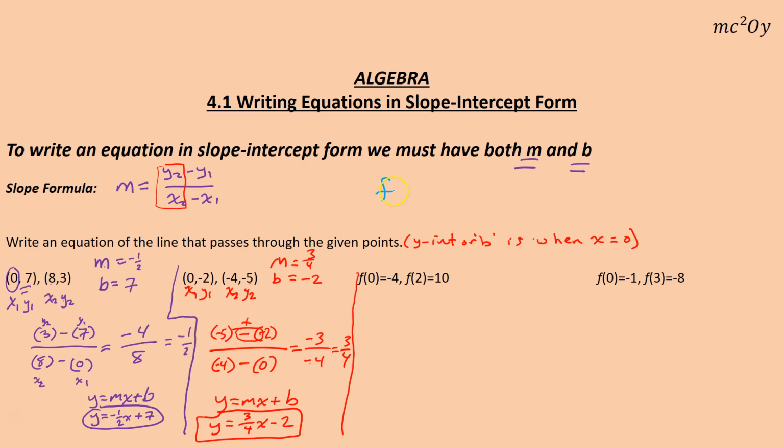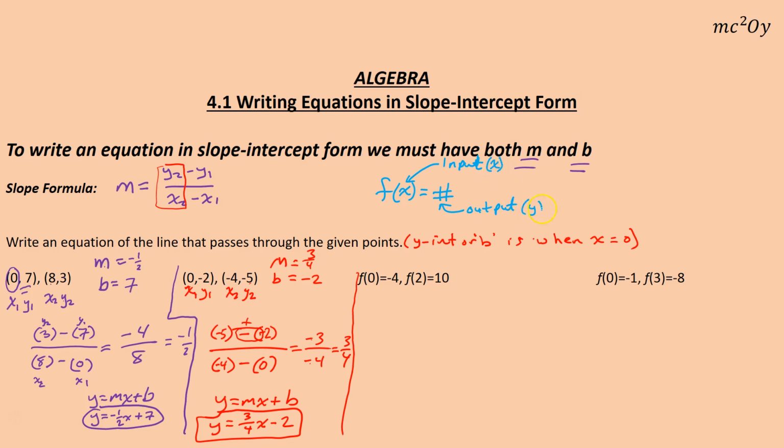In function notation, remember if I say f of x equals a number, any number, this is my input. This is my output, which means another name for input is x.